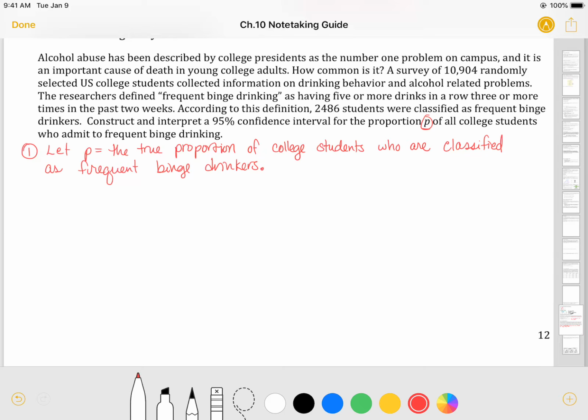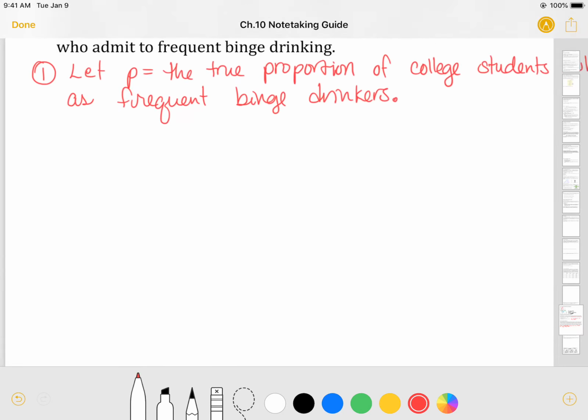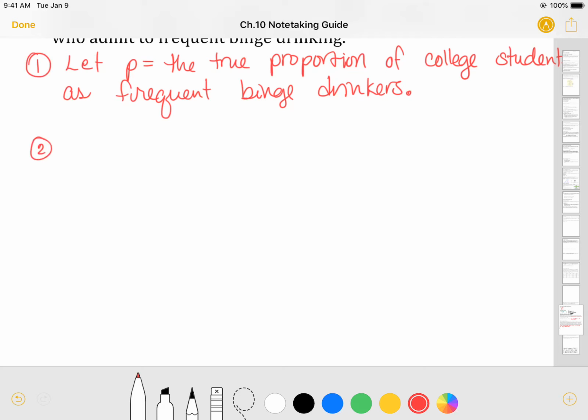Okay, so always define your parameter. p, what are we talking about? What does it represent? Okay, now we're going to check our conditions. So that's step number 2.